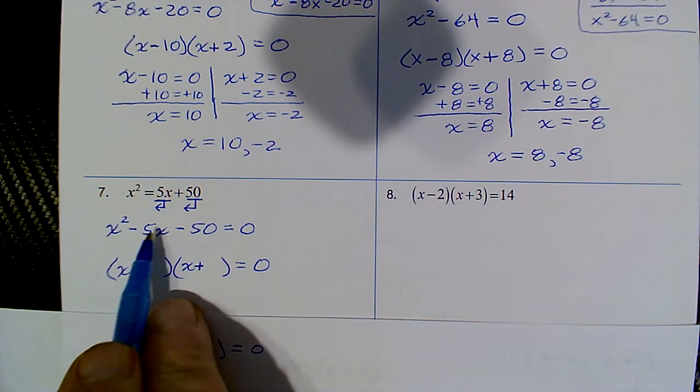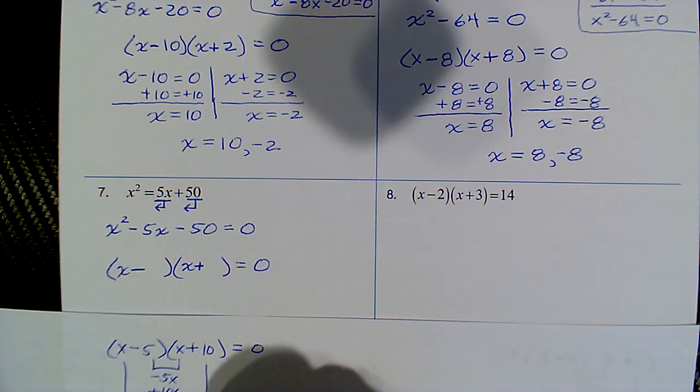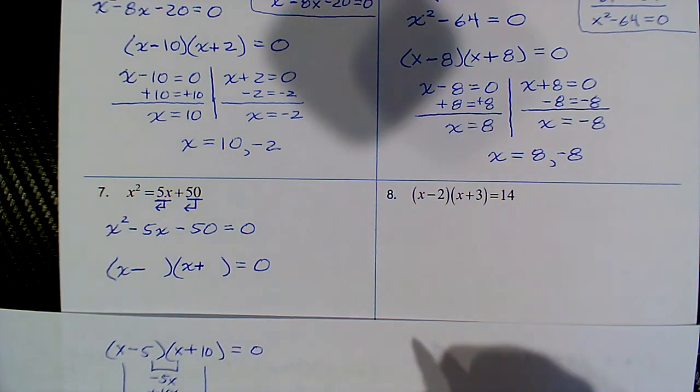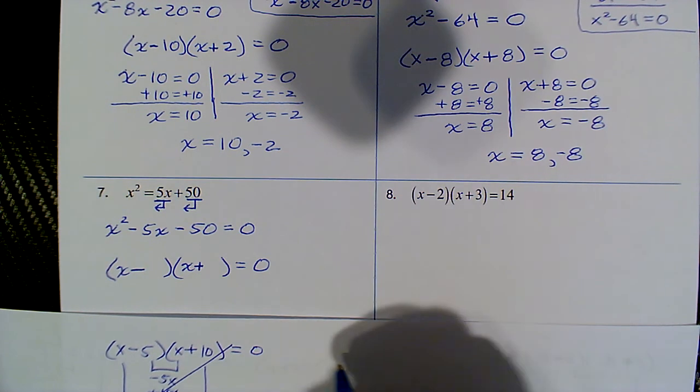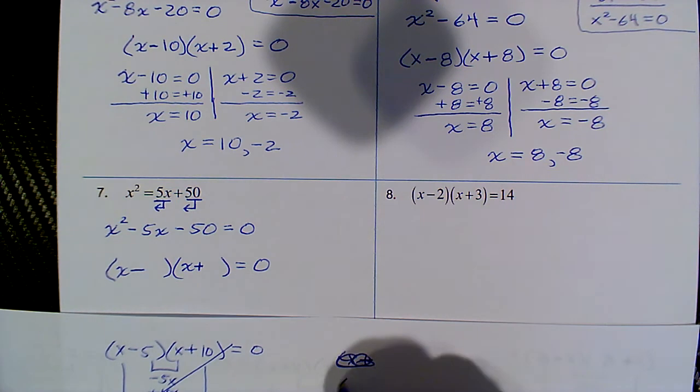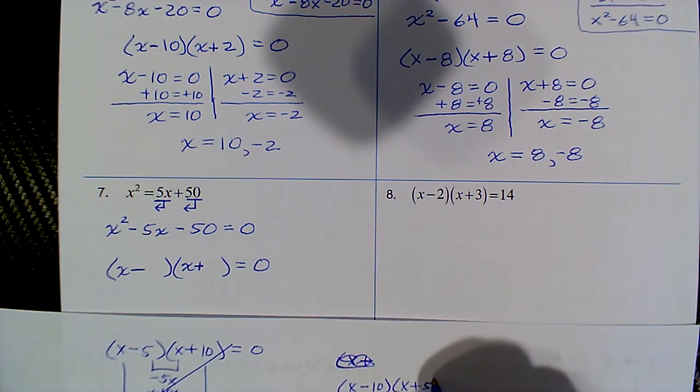And we know because we need a negative 5x that we have to switch the signs in the binomials. So instead of x minus 5 and x plus 10, it's going to be, well, the way I've set it up here, x minus 10 and x plus 5.